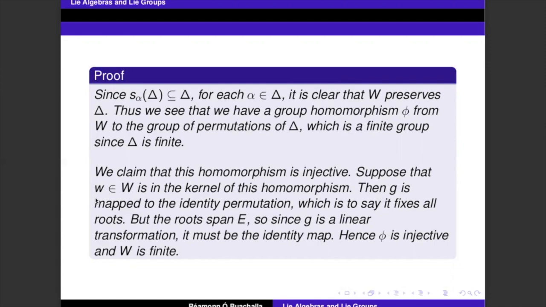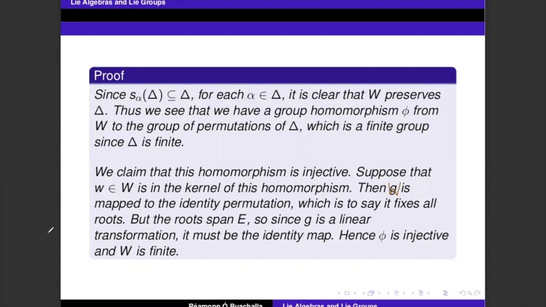So let's imagine that we have some small w in our Weyl group, big W, and it was contained inside the kernel of this homomorphism. What does it mean to be in the kernel of a group homomorphism? It's going to be brought to the identity element of the group. In this case it's a permutation group, so it's going to be the identity permutation, which is to say the thing that fixes all roots.